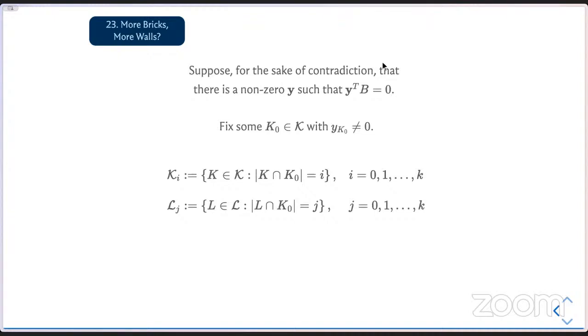It's important because that's the index at which y is guaranteed to be non-zero, and this will be useful later. Now let's think of the space of all n choose k subsets being partitioned into k parts based on the size of the intersection between k and k naught. Okay, maybe that wasn't useful. Let me see if maybe we can do an example here.